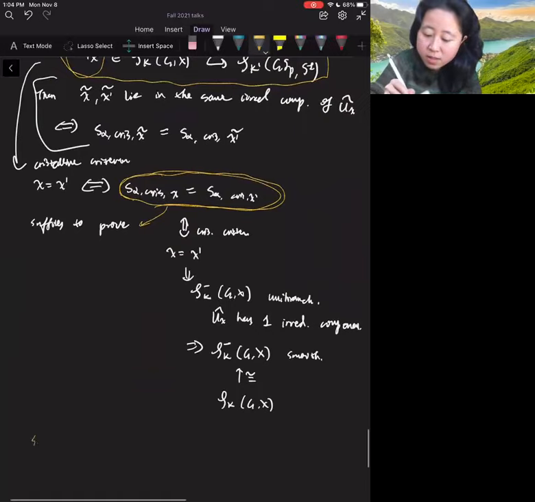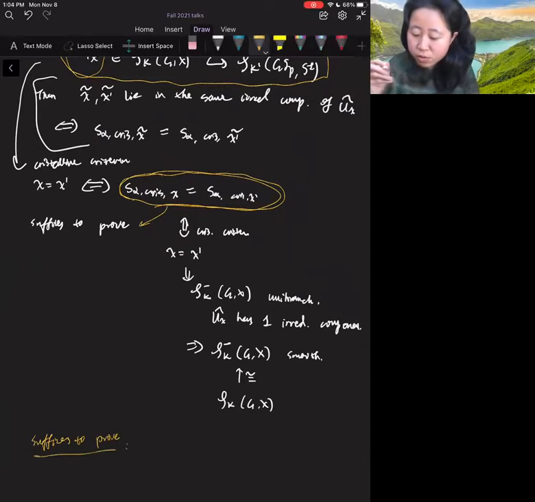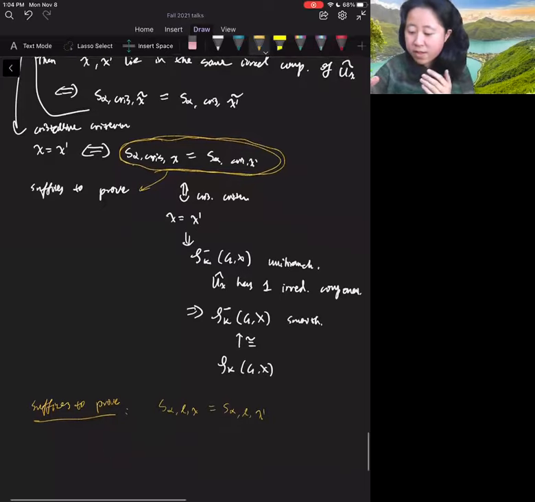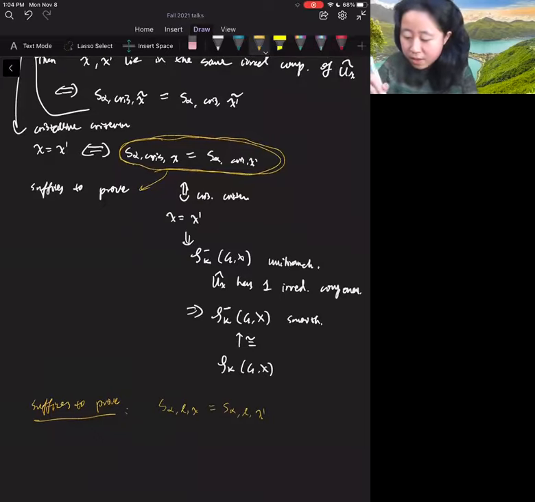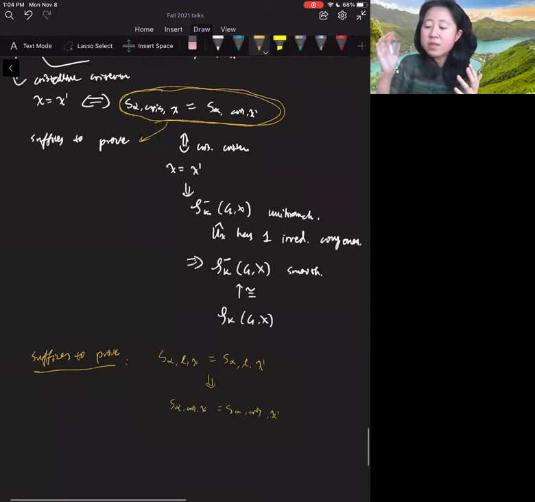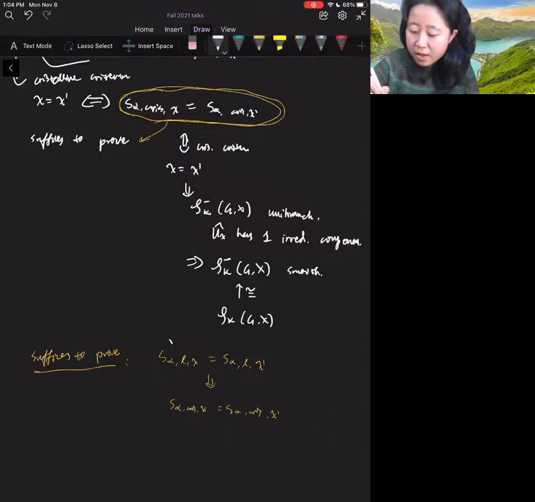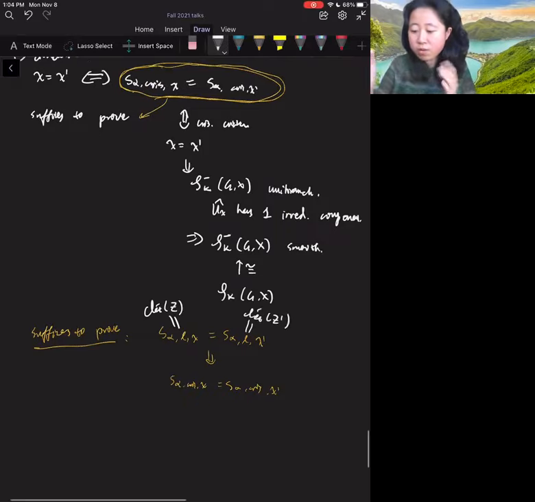So in order to prove my main theorem, it suffices to prove that if the L-adic tensors, or L-adic motivated cycles, attached to these two points are equal, then the crystalline motivated cycles are equal. So now this is a motivic statement. And moreover, if we also know that the Hodge conjecture is true, then I have some algebraic cycle whose L-adic étale cycle class is equal to the L-adic étale cycle class of some other algebraic cycle.